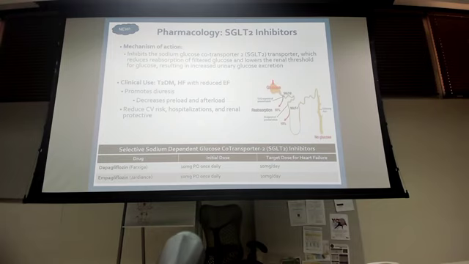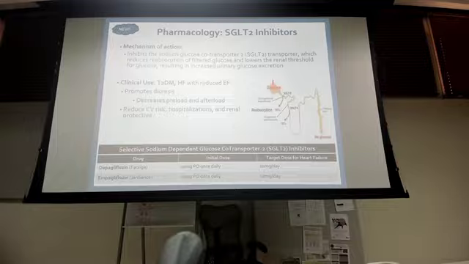So if it's going to reduce the reabsorption in your blood of glucose and sodium, where is the glucose and sodium now going? Out with the bathwater, right? It's being excreted. So a lot of osmotic diuresis with this medication. So that's, remember when we said the D times 3?